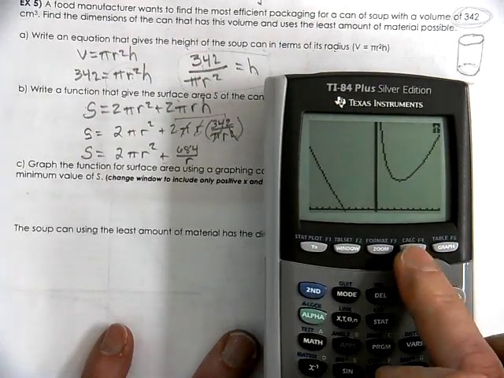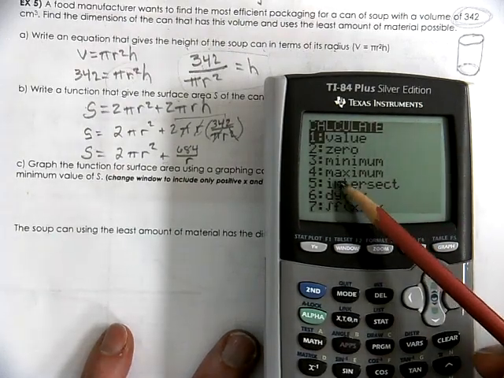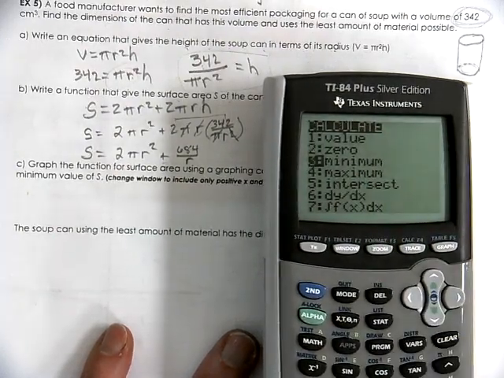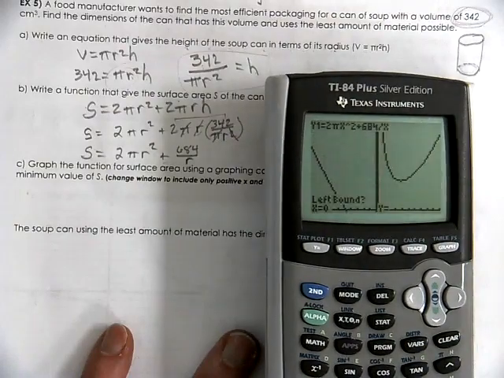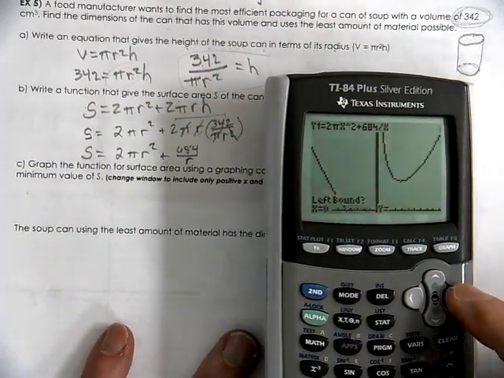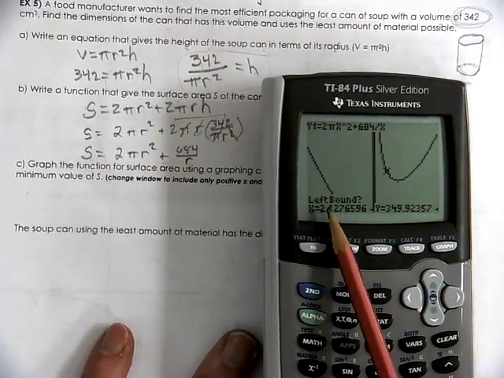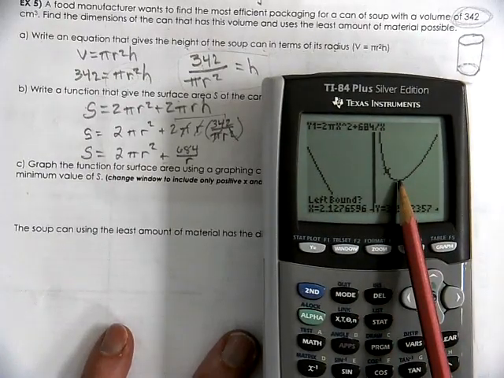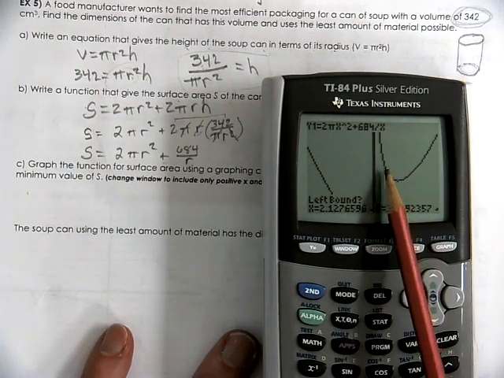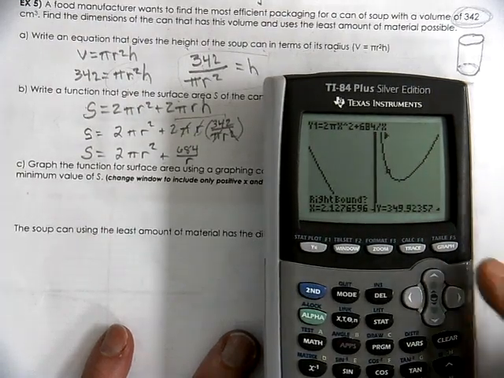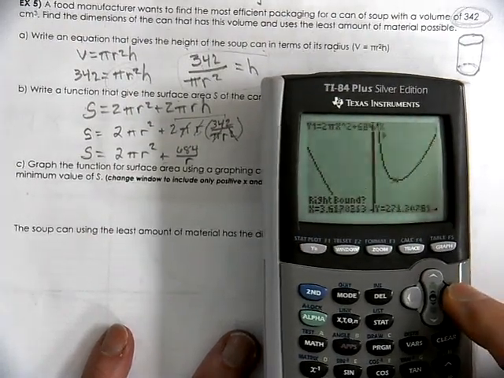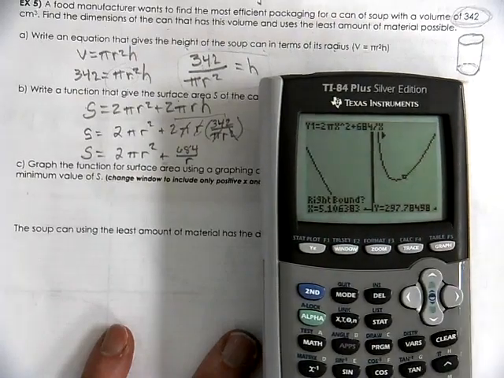So we're going to do second, trace. We're going to do our minimum. We've got to do our left bound. Since I know this is my minimum value, we need to be to the left of that, enter. And then move to the right of that, enter.